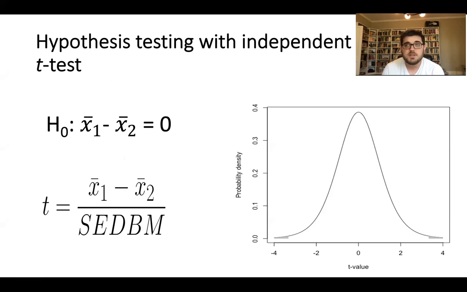Some means would be slightly higher or slightly lower than the population mean, but it's just a distribution of sample means. This is just a distribution of differences between sample means. That's what's at the bottom of the t-value here.